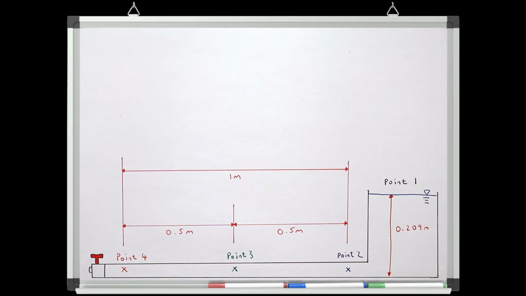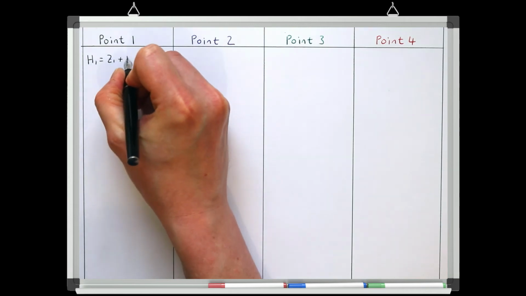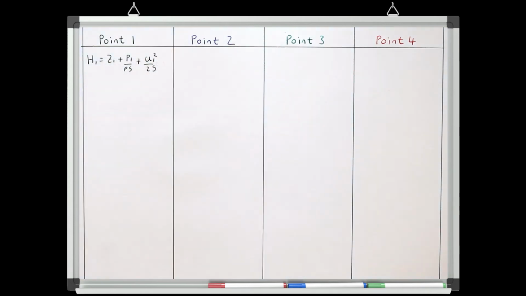So let's start with point number 1, the water surface of the supply tank. If we write out Bernoulli's equation at point number 1, we can work out the total pressure head at this point in the system, which we know is the sum of the elevation terms, the pressure terms, and the velocity terms.